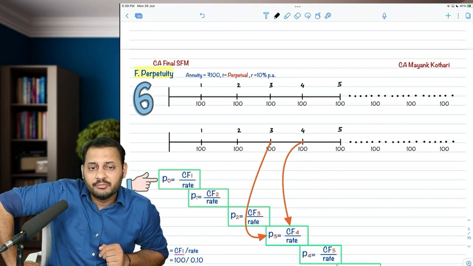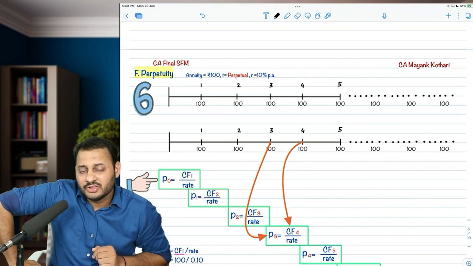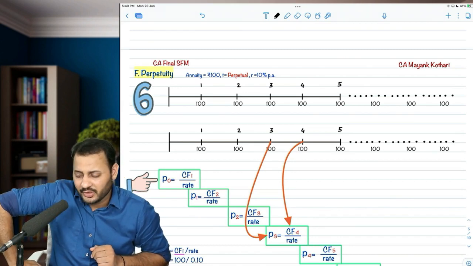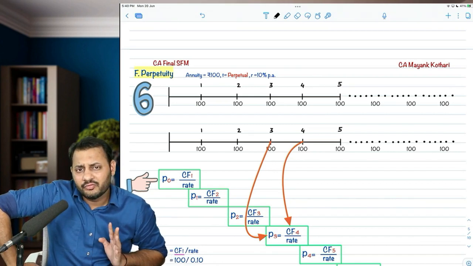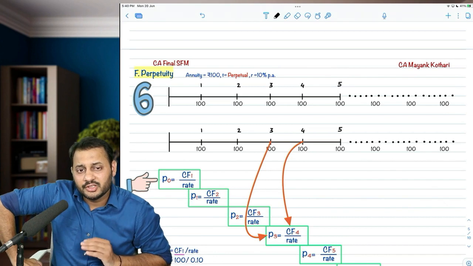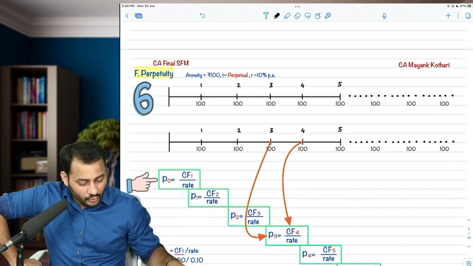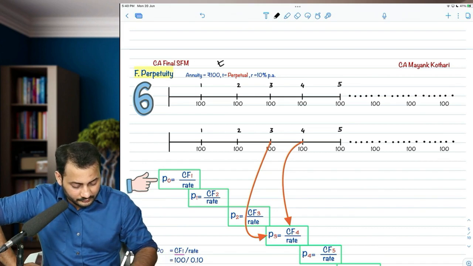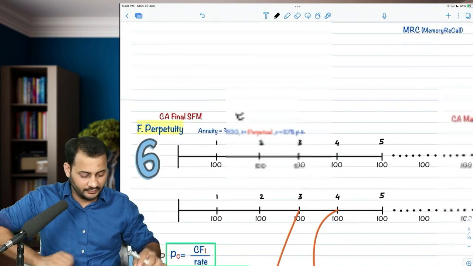Perpetuity means something which has no ending. If you are investing some amount today and investing it for your lifetime, there is no terminal value, no end of the period, no t in the formula. See, t is perpetual, there is no limit to the investment.